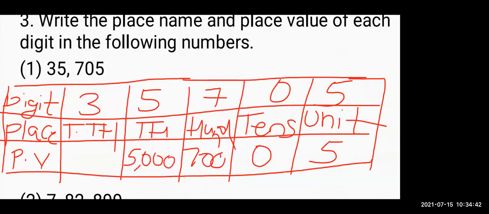And last, 3 multiplied by 10,000 will become 30,000. So what number will it become? It will become 30,000. So in this way, you are going to solve the place name and the place value of each digit.